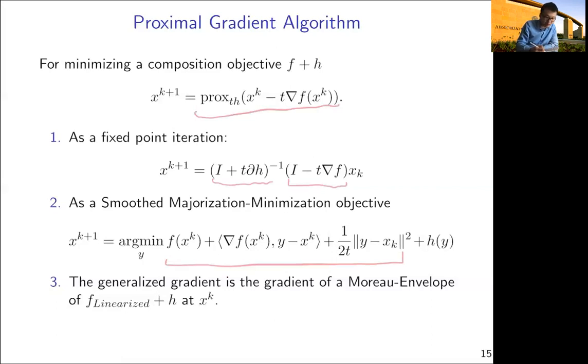We can smooth it by constructing the Moreau envelope of this function in the smooth majorization objective, and that gives us f linearized plus h at xk. So the proximal gradient algorithm can be interpreted as simply taking the gradient of the smooth version of this non-smooth objective at every iteration. You are using a different Moreau envelope in every iteration to construct these sequences of gradients. But thanks to the majorization minimization framework, that allows us to derive an iterative algorithm that actually works.